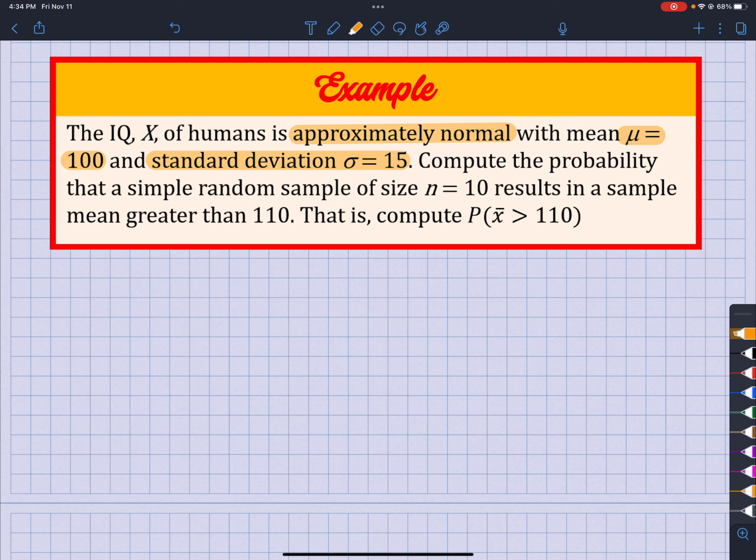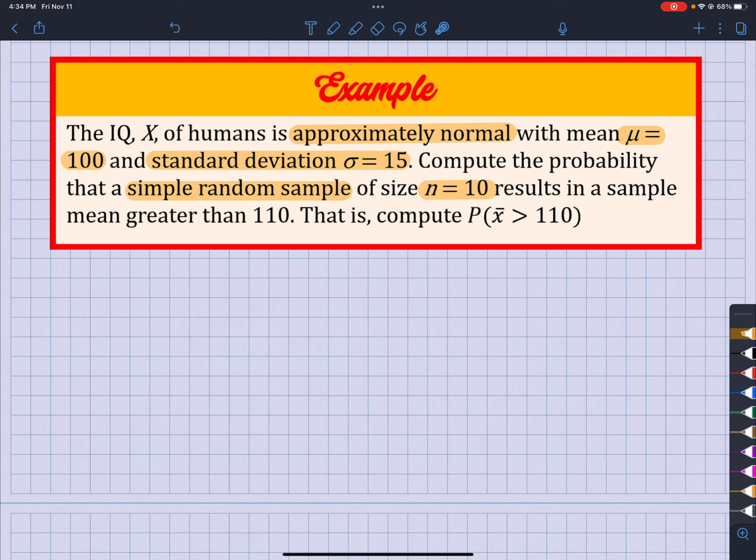Compute the probability that a simple random sample of size n equals 10 results in a sample mean greater than 110. This is computing P of X bar, the sample mean, greater than 110.